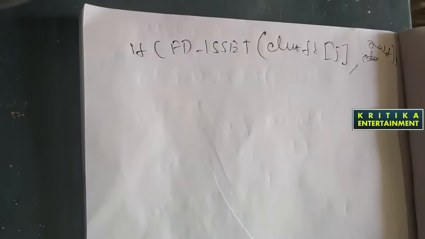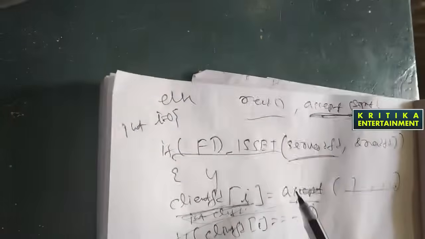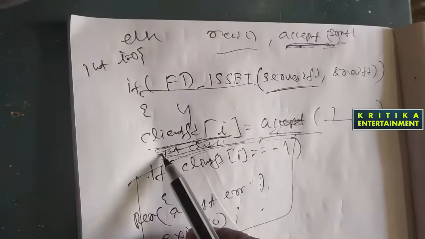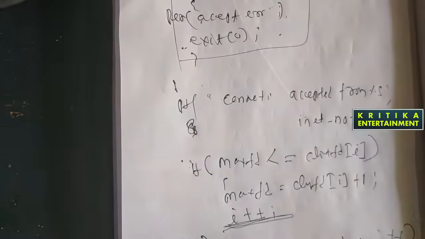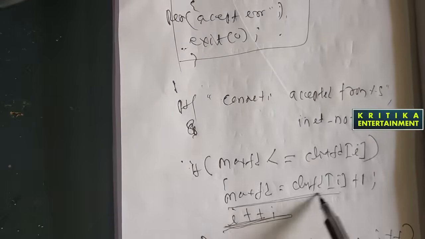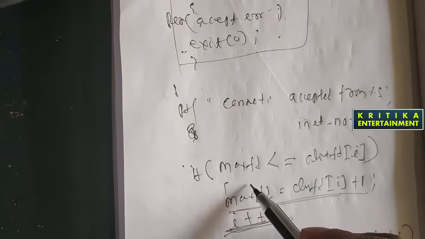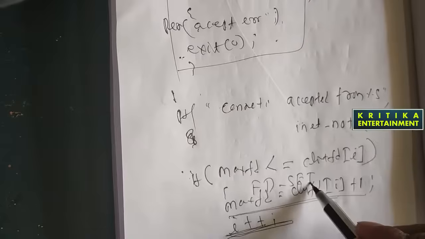I forgot to tell you one thing. This new FD returned from accept should be added in the FD set. So here, after this, the maximum FD will be this, and here we will write add this by using FD_SET.